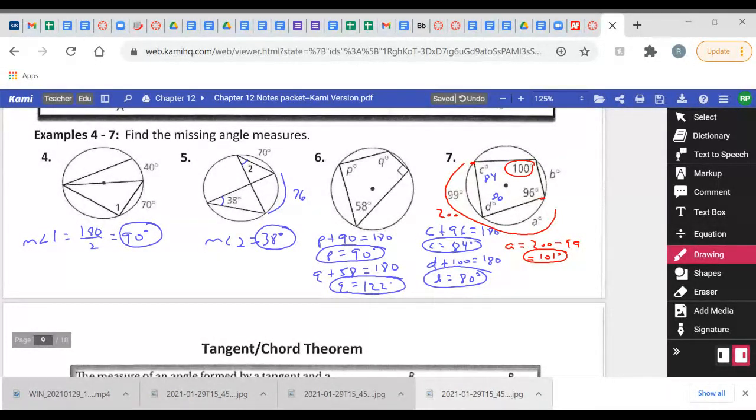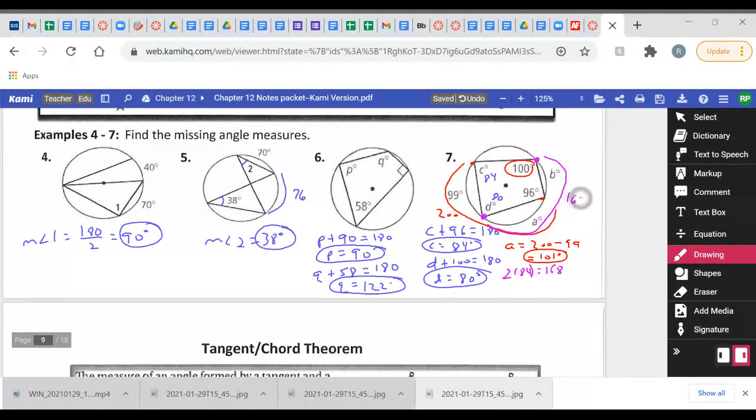And then to get what B is, let me get another color in here. I can see that angle C, which is 84, meets up right here and here. So I know that this arc from here all the way to here is double basically what the 84 is. So if I go 2 times 84, I get 168.